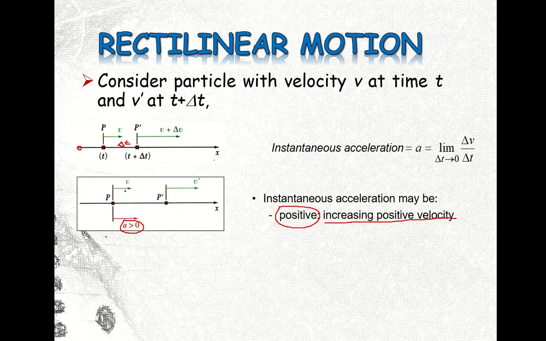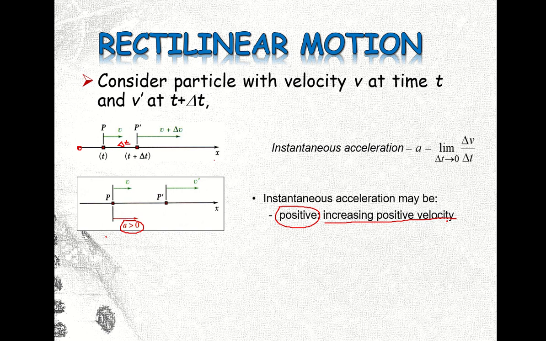And for our velocity, you look at here, a shorter arrow indicates slower. Then in the second position of the particle, the arrow becomes longer, so it means it increases. So we have positive instantaneous acceleration, increasing positive velocity.